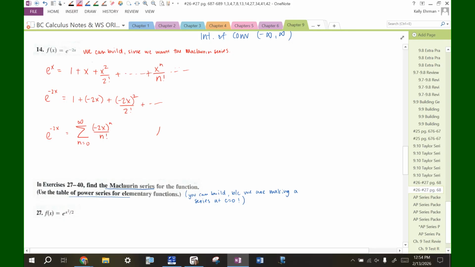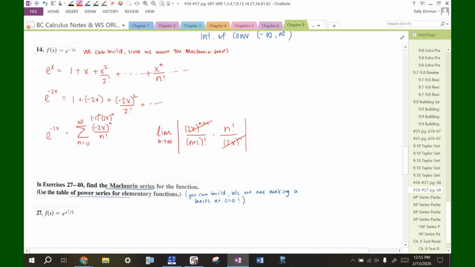So let's see. The limit as n approaches infinity of the absolute value. So the absolute value piece just means, this is negative 1 to the n times 2x to the n. So just leave the negative off of this. And it would be 2x to the n plus 1 over n plus 1 factorial times n factorial over 2x to the n.